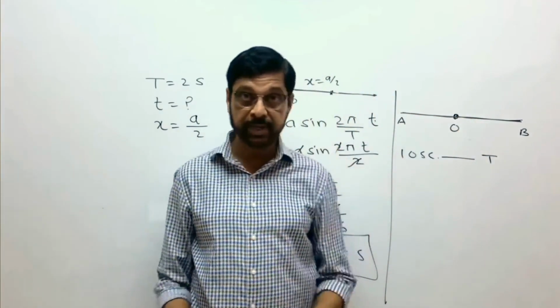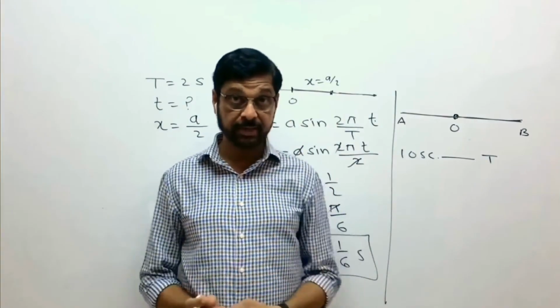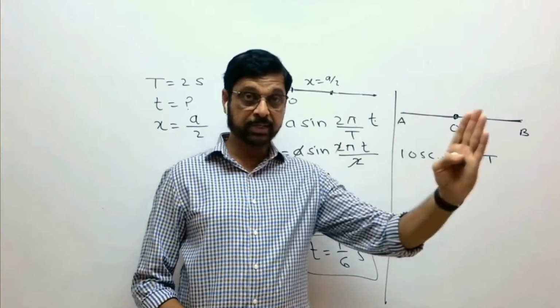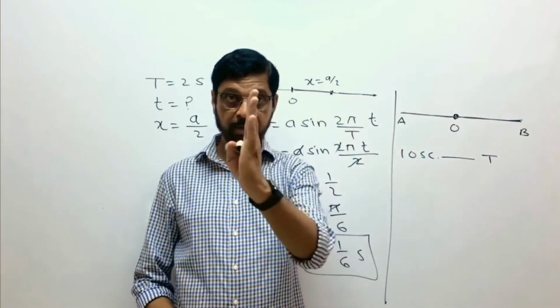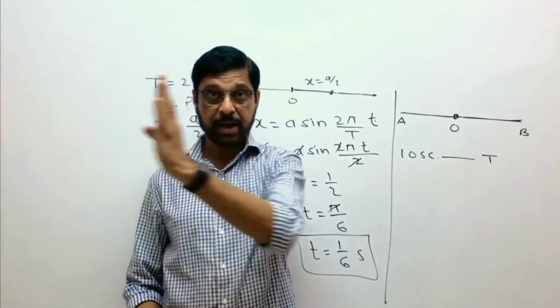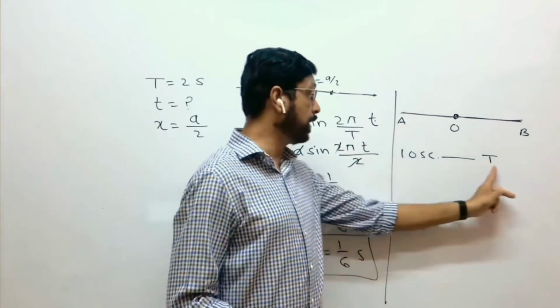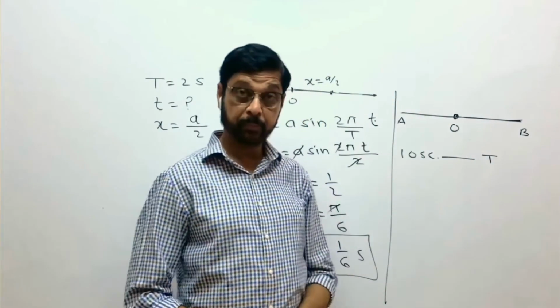That is one complete oscillation that we have seen in the theory. Mean position से motion की शुरुआत हुई, mean to extreme, extreme to mean, mean to other extreme, and back to mean. That is one complete oscillation, and time taken for that is capital T.